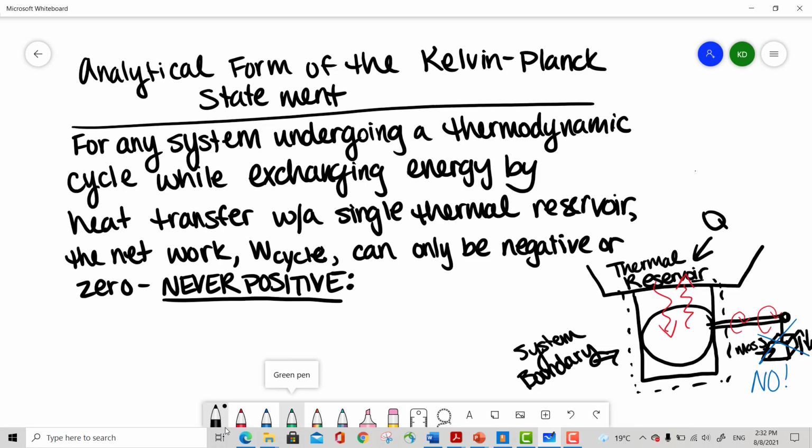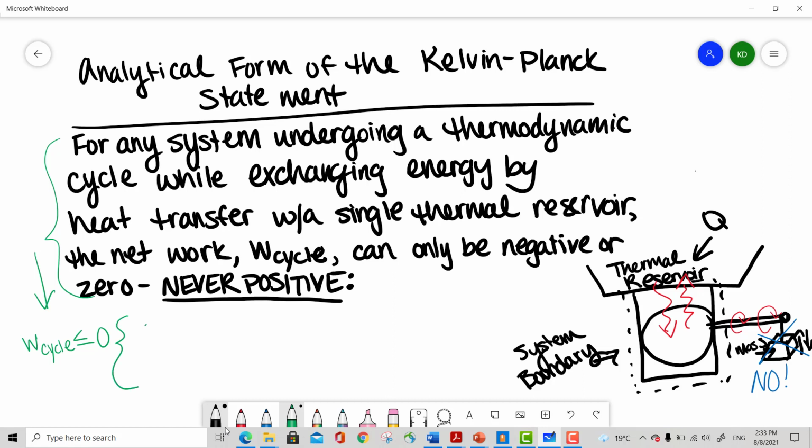And here is a formula to help illustrate what this all is saying. The work of the cycle is less than or equal to 0.